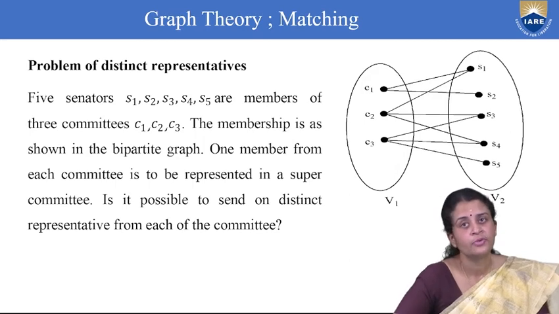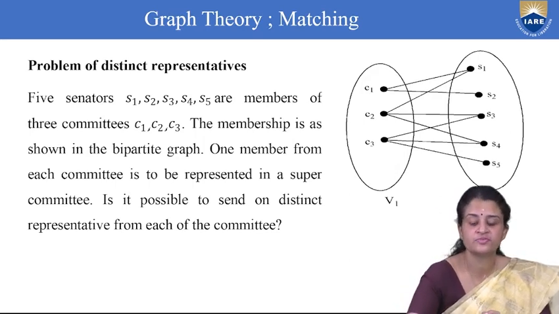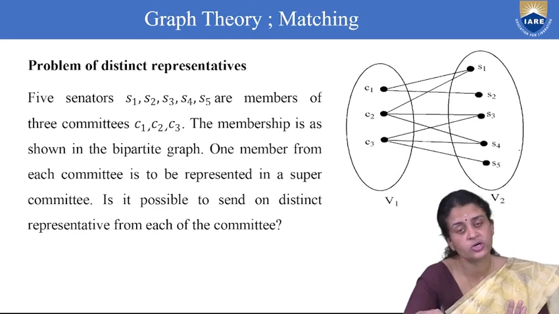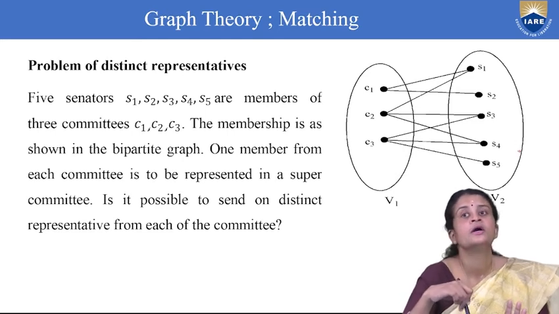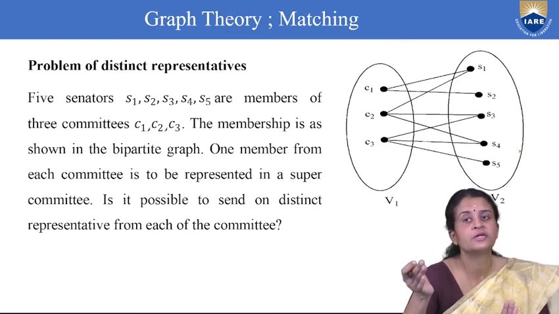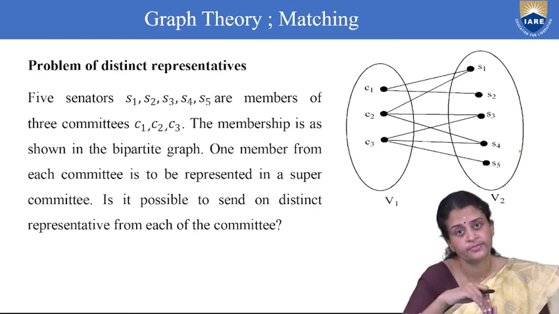Now we will see the problem of distinct representatives. Some senators S1, S2, S3, S4 and S5 are related to 3 committees C1, C2 and C3. The senators are being put into these committees, and the membership is shown in this bipartite graph. One member from each committee is to be represented in a super committee.